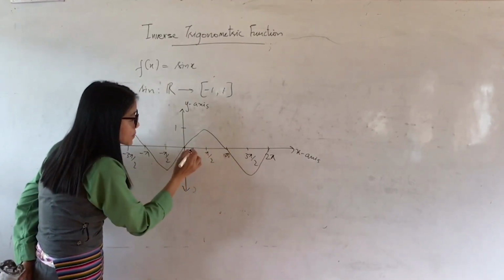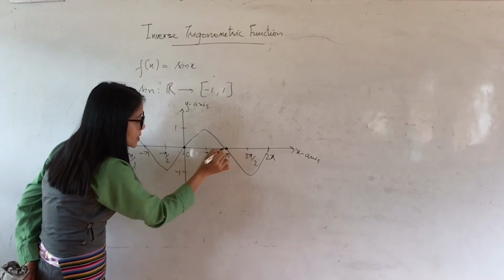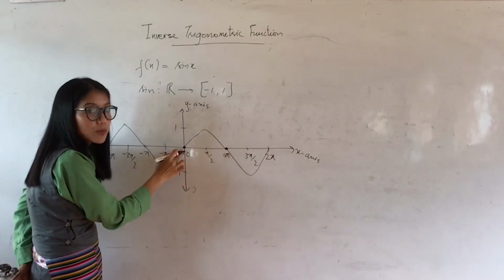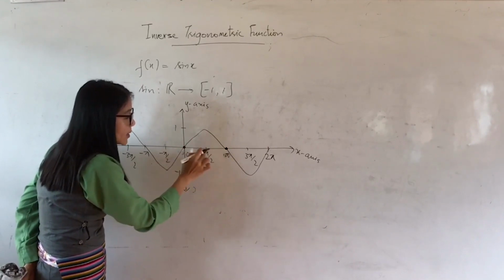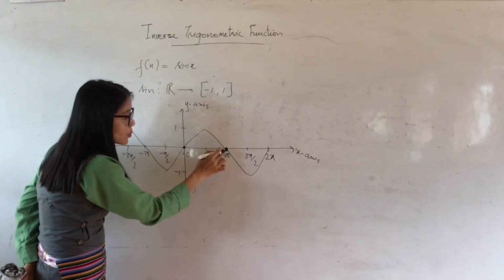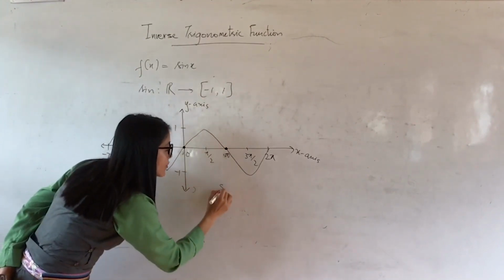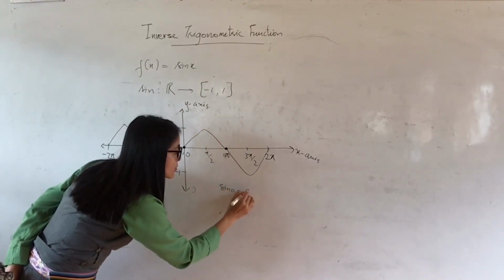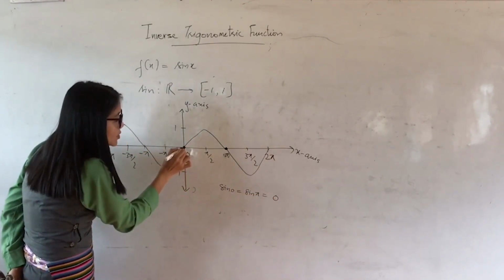So now here, at this point and at this point, 0 is one point on the number line or the domain, and pi is also in the domain of this sine function, sine x. Now here what do I have? Sine of 0 is equal to sine of pi is equal to 0.